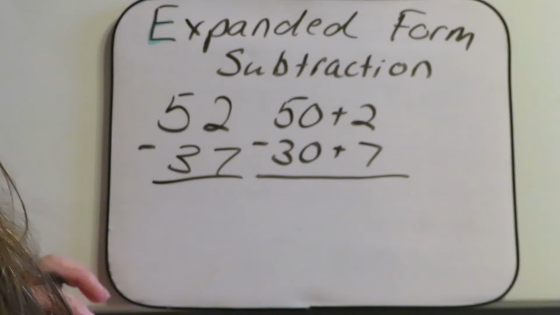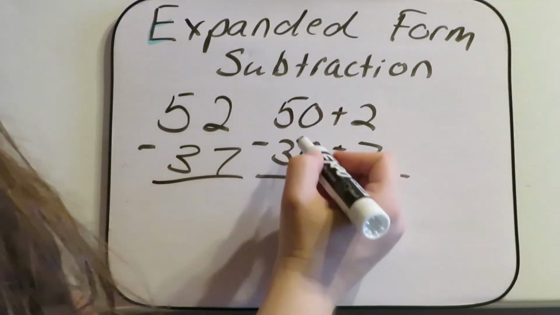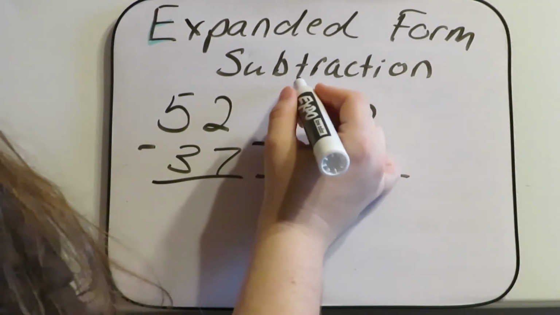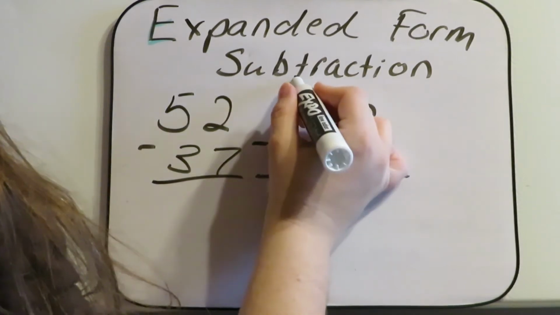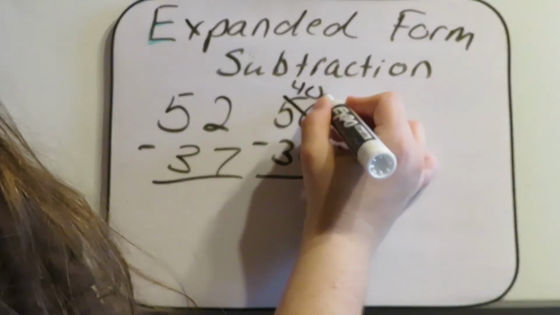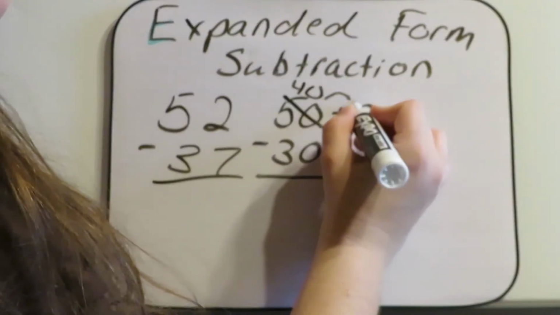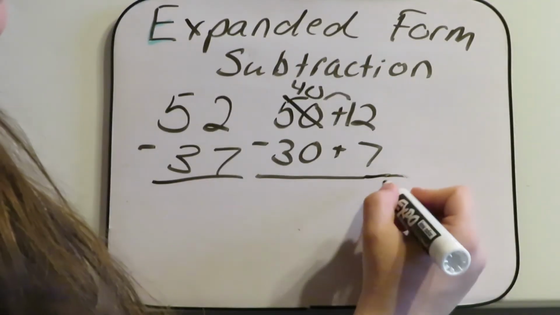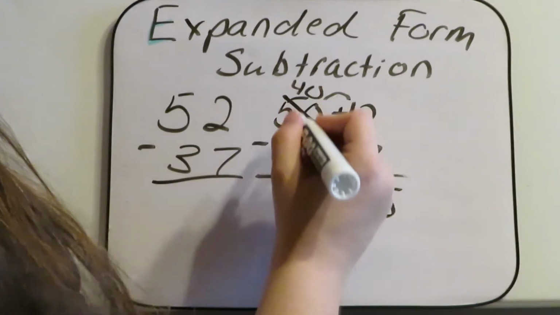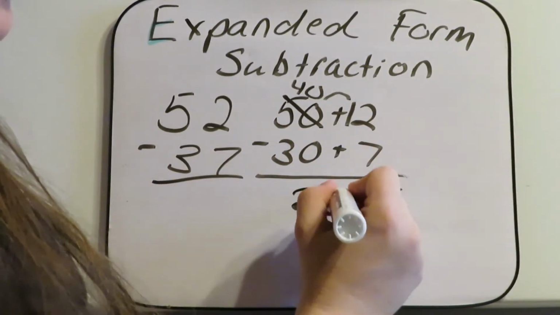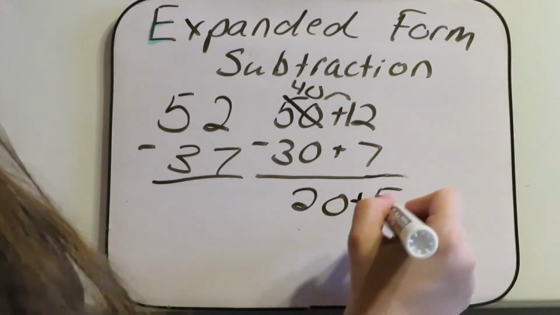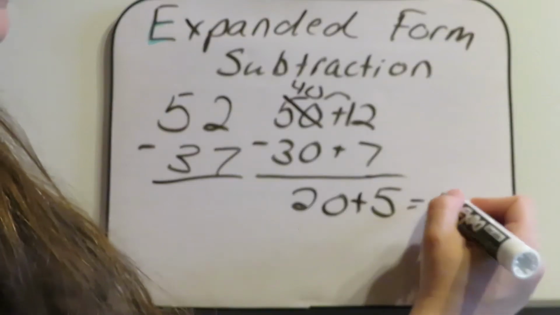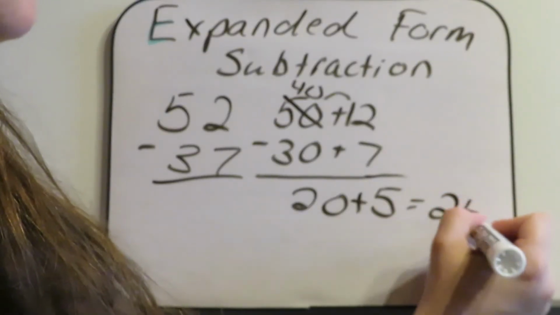How do we do that? We're going to borrow 10. So we're going to change this to 40 and put our other 10 right here. 12 minus 7 is 5. 40 minus 30 is 20. 20 plus 5 is 25.